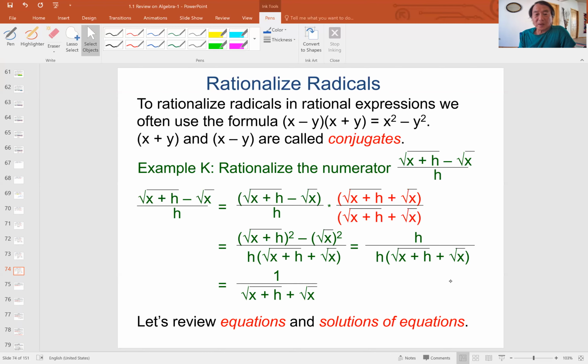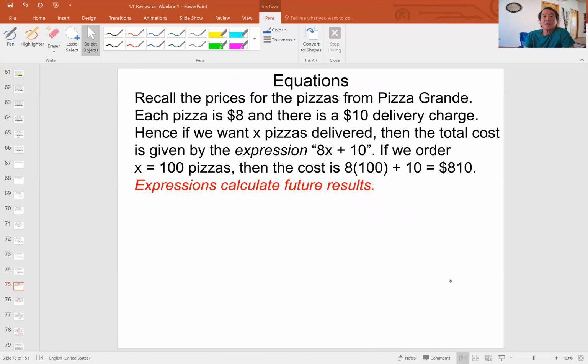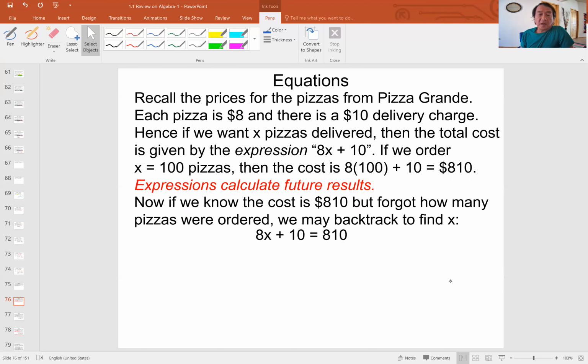Next, let's talk about what equations are. Okay, remember the expressions we had about ordering pizza. Suppose that the doorbell rings and the bill is $810. So you pay the delivery person $810 and then say, wait a minute, how many pizzas did they order? Okay, so we make this equation: 8 times x plus 10 is equal to the $810, the output.